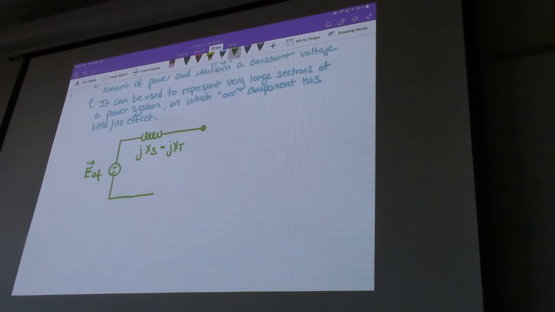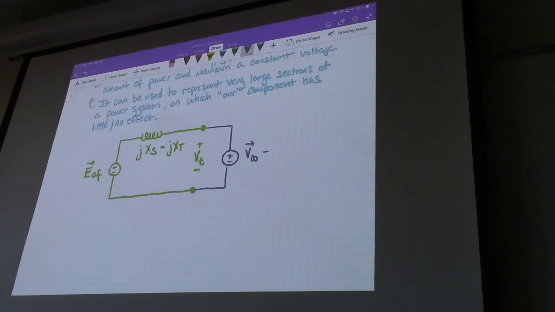So this is a really simplified version of the circuit that we drew up above. This right here is going to be our terminal voltage, right? And we're going to connect that to an infinite bus, which is simply going to be a value V infinity as shown.